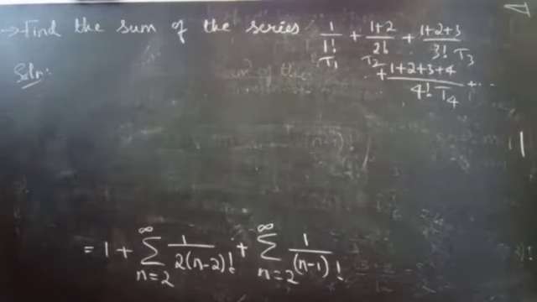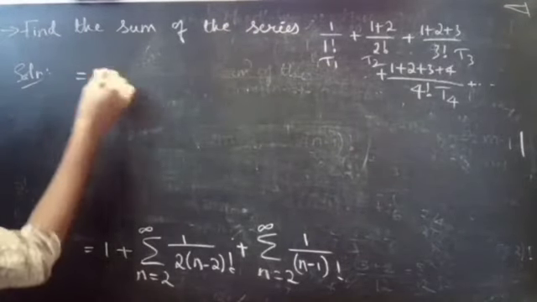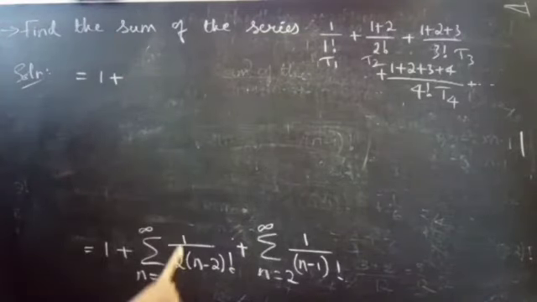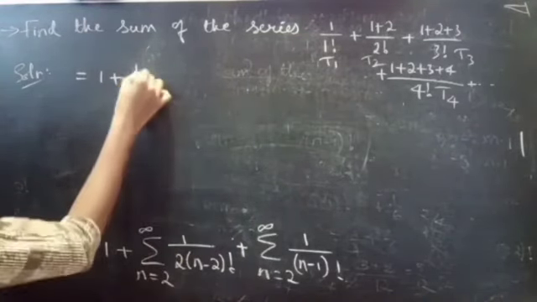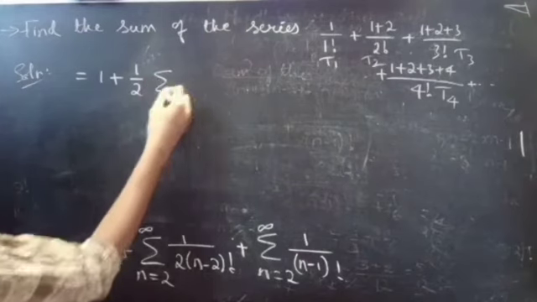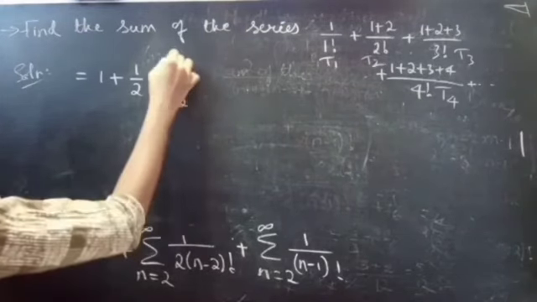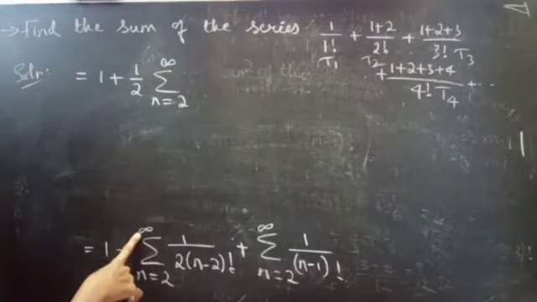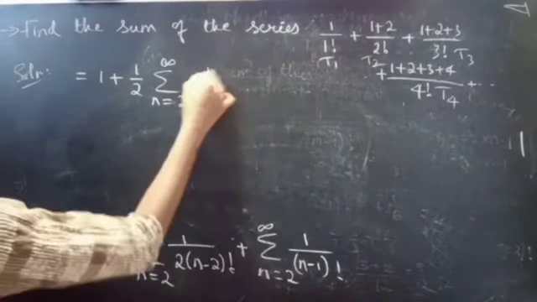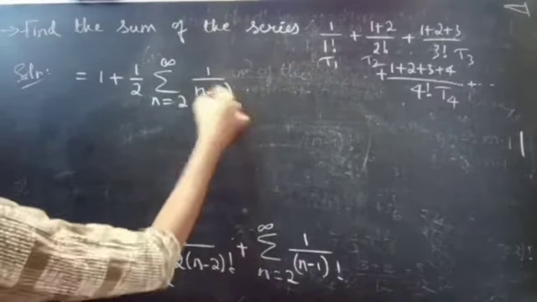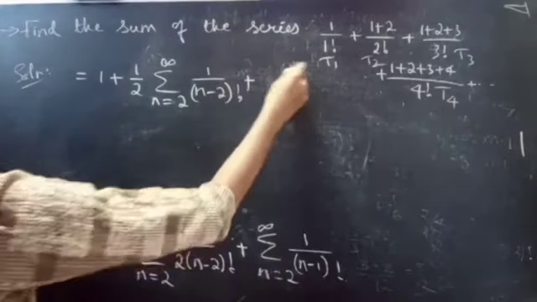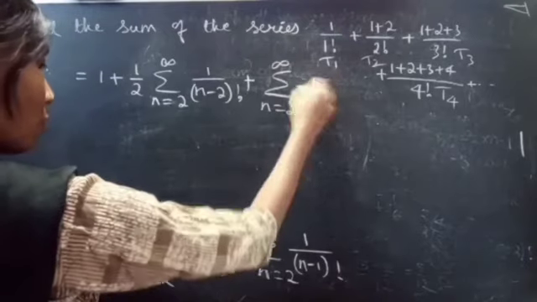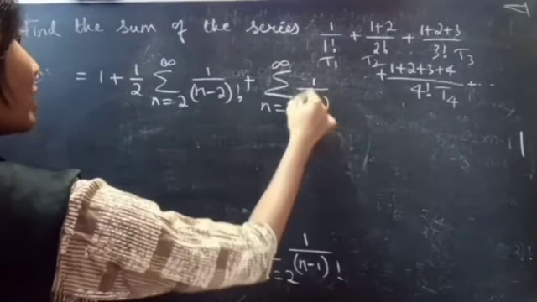So this equals 1 plus, so 1 by 2 is constant. I am taking it out of the summation. I'll get 1 by 2 into summation n equals 2 to infinity of 1 by (n minus 2) factorial plus summation n equals 2 to infinity of 1 by (n minus 1) factorial.